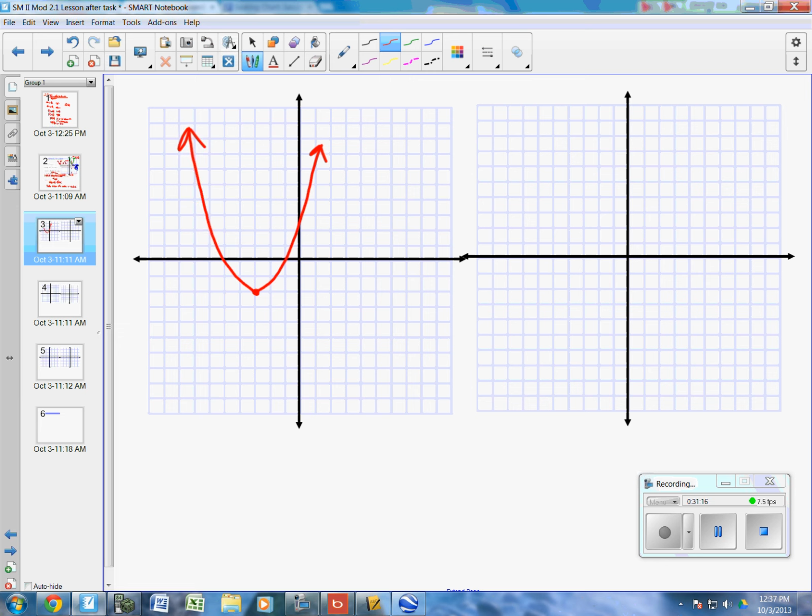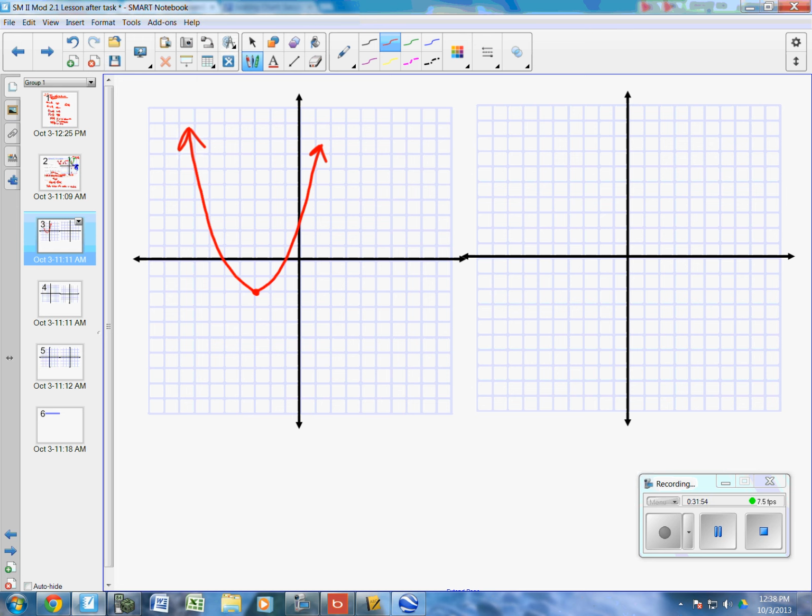Okay, everybody ready? In your notes, write the following down based on this graph. A, the vertex. Write the coordinates of the vertex. You're gonna have to move quickly with me. B, the axis of symmetry. Write down the equation of the axis of symmetry. C, write down the x-intercepts.